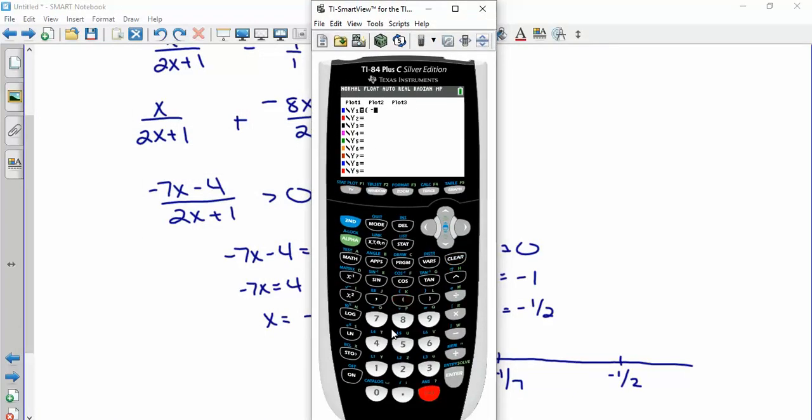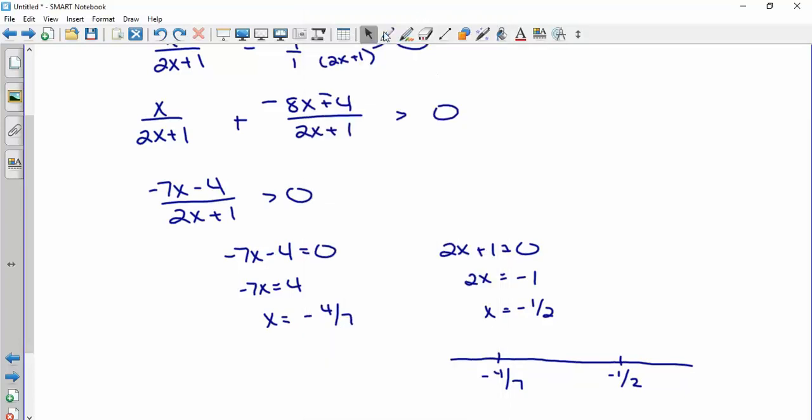So we have -7x minus 4 divided by 2x plus 1. So we can see it starts out below the axis, so negative, then it goes above, so positive, and then it drops back down. So this one is negative, positive, negative.